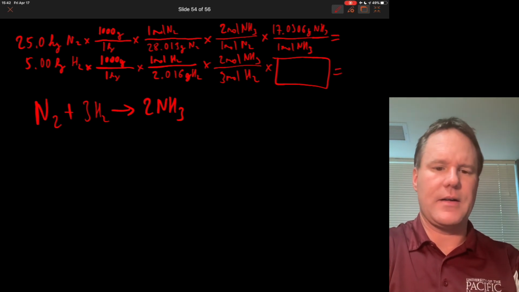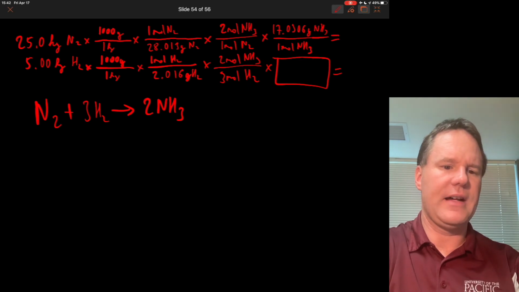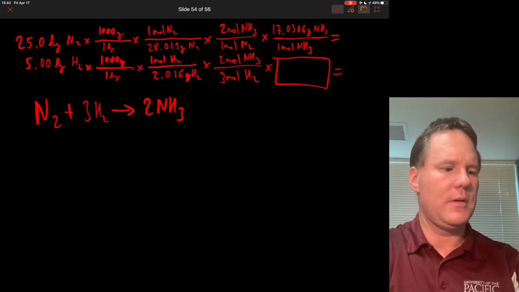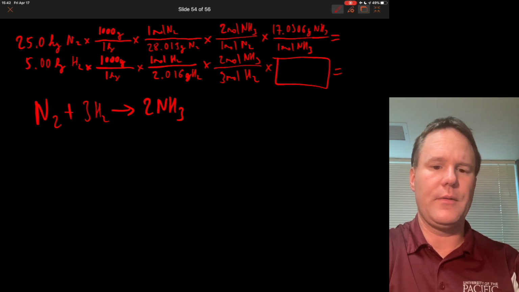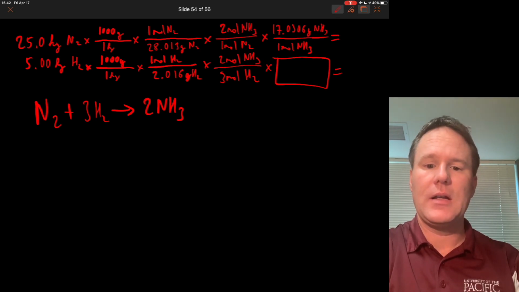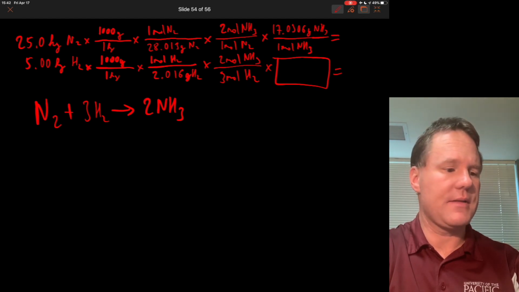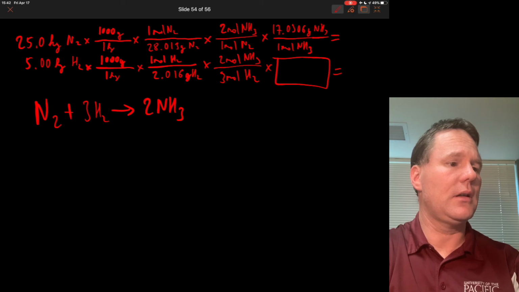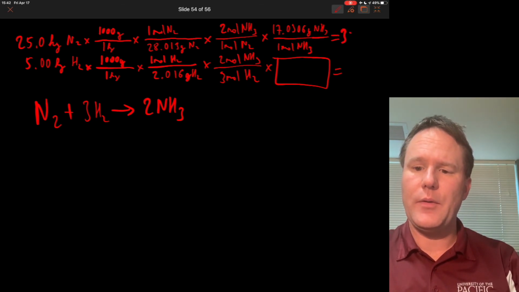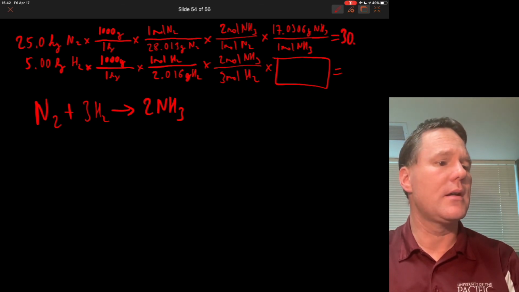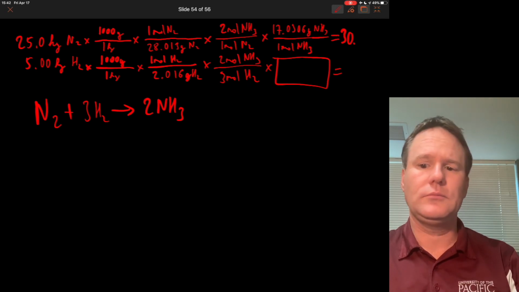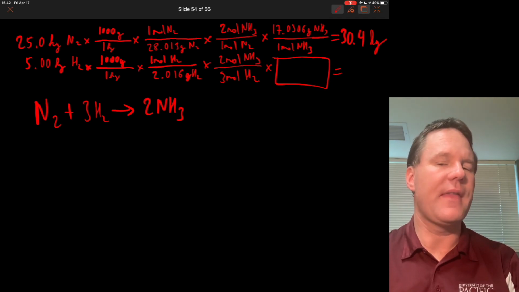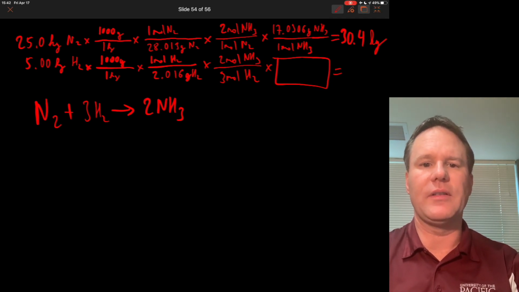So let's start with the first one. 25 times 1,000 divided by 28.13, I hope, times 2 times 17.0306. Okay, and that gives me 30.4 kilograms. It gave me 30,400, and I converted it on the fly to kilograms.